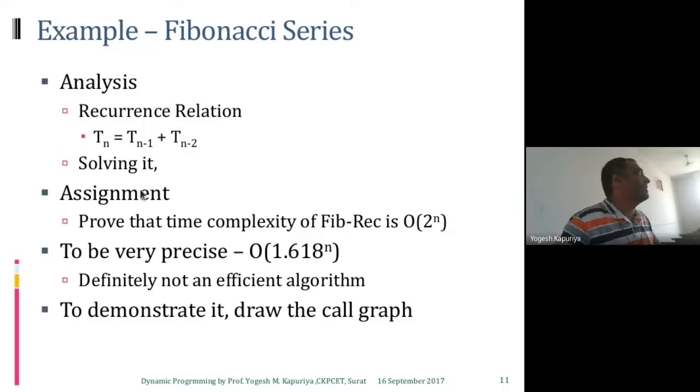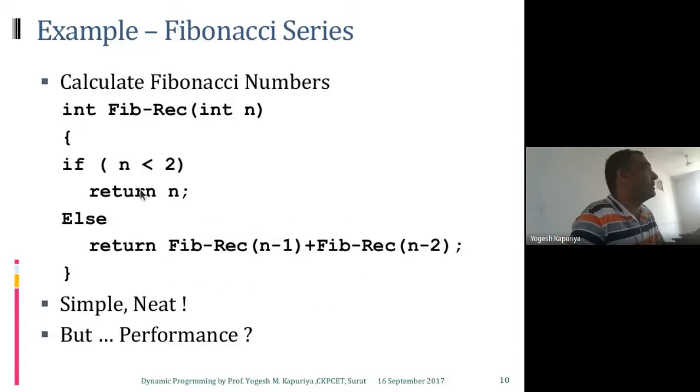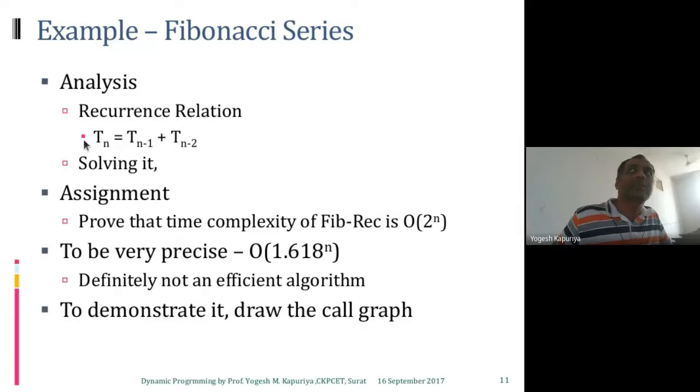So basically, in any recursive program, whenever you are using recursion, you can always build this kind of recurrence relation. What this recurrence relation means is the relationship between a parent instance and its child instances. What do we mean by parent and child?